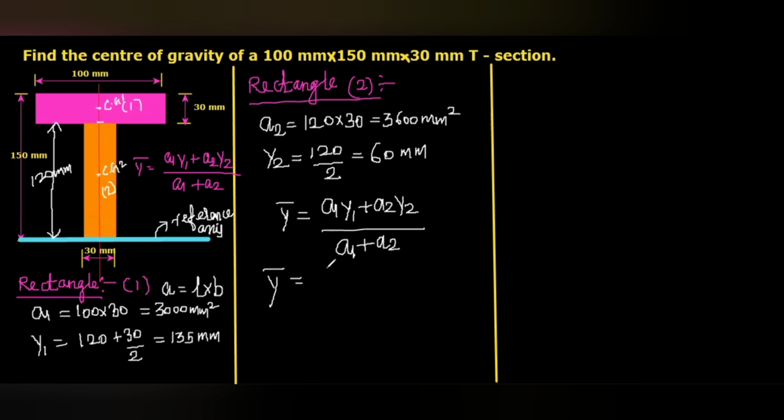Y bar equal to a1, 3000, multiplied with y1, that is 135, plus a2, that is 3600, multiplied with y2 value, that is 60, divided by a1, 3000, plus a2, that is 3600.